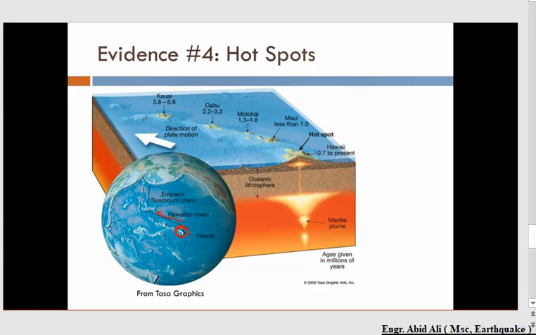They were formed longer ago, when that portion of the chain was located over the hotspot. So what is now the big island, someday in the future, maybe 3 or 4 or 5 million years in the future, is going to look like that, and there are going to be new islands being formed.